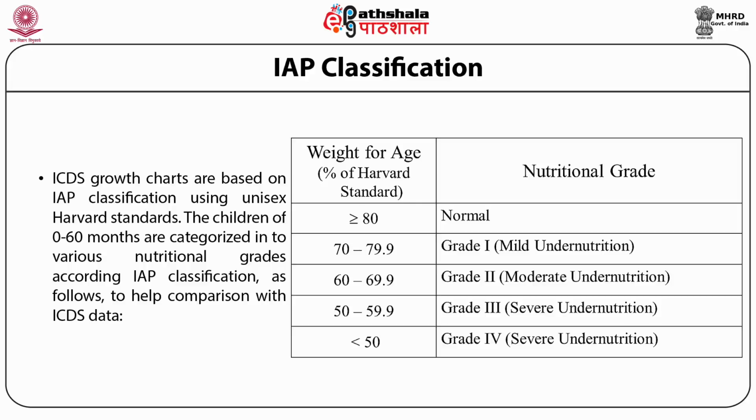Here we can see if it is greater than or equal to 80 percent weight for age, then the nutritional grade would be considered normal, and if it is less than 50, that is the percentage of the Harvard standard which is calculated as weight for age, the nutritional grade would be grade 4 undernutrition.